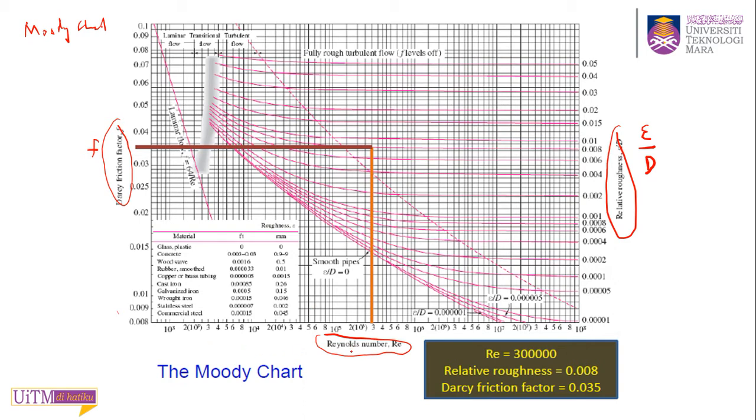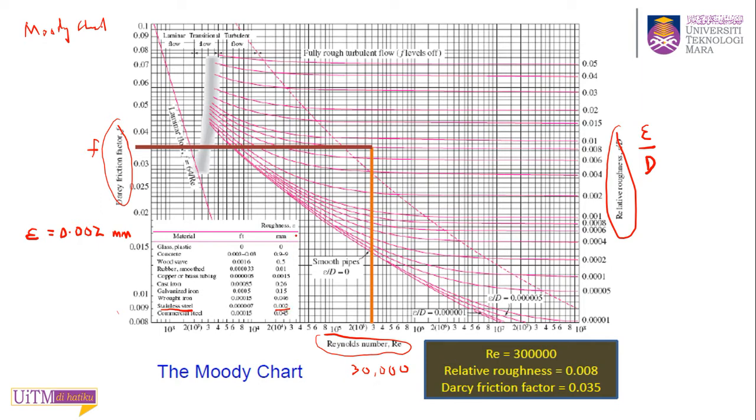So your Reynolds number is 30,000. To determine the friction factor f, you know the pipe is stainless steel, and the roughness given in the chart is 0.002 millimeter.